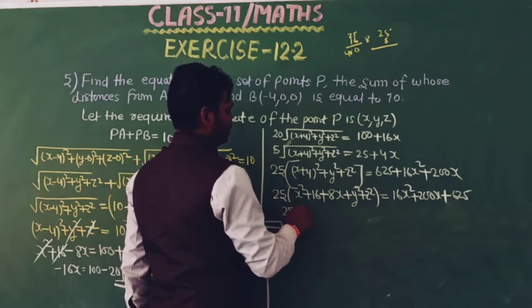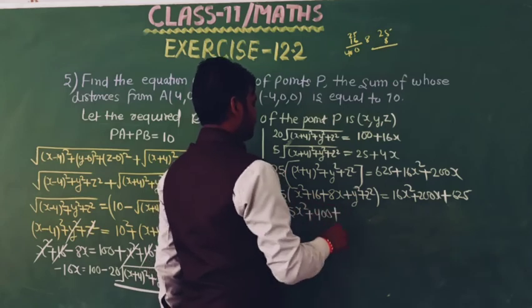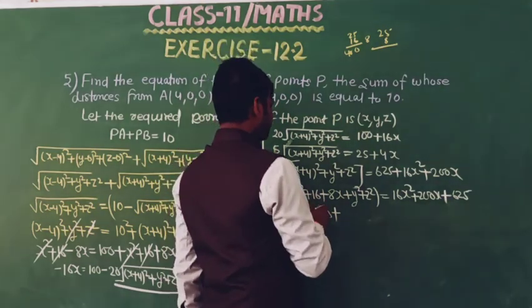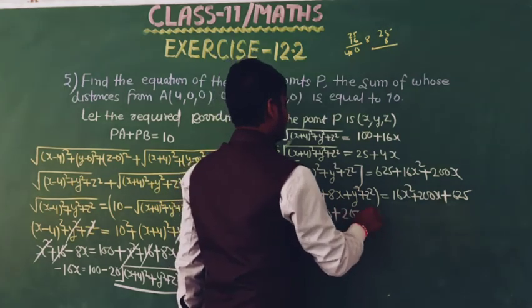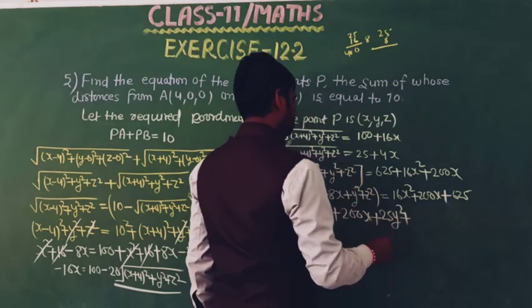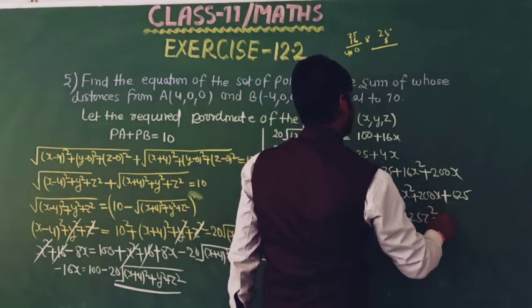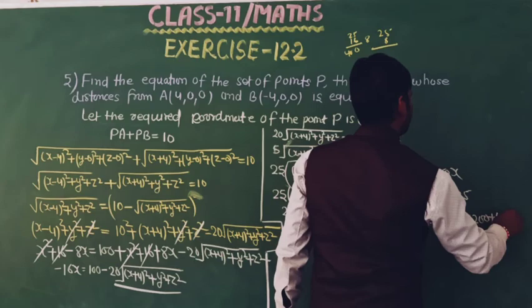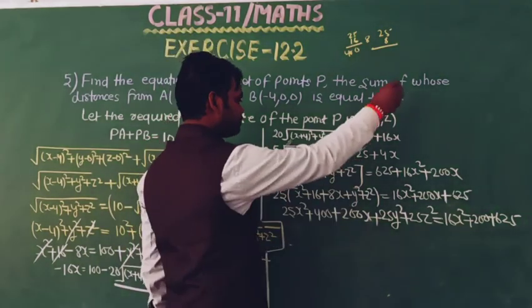So this becomes 25x square plus 25 into 16, 400, plus 200x plus 25y square plus 25z square equal to 16x square plus 200x plus 625. Okay.